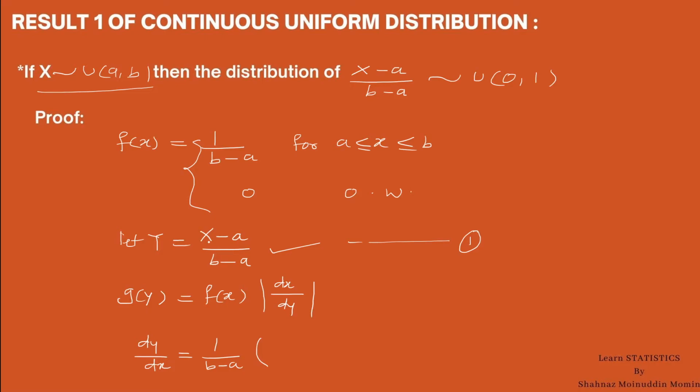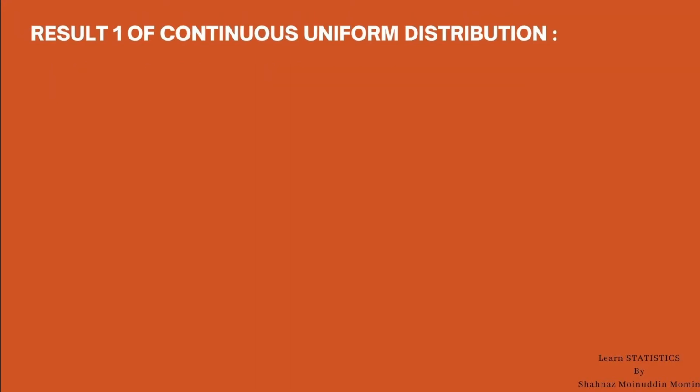The differentiation of x with respect to x is 1 and a is a constant, so its derivative is 0. Hence dy by dx is 1 upon (b minus a). Now let us calculate dx by dy, by reciprocating dy by dx.